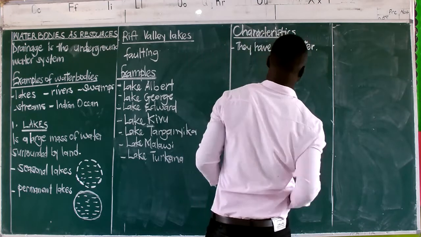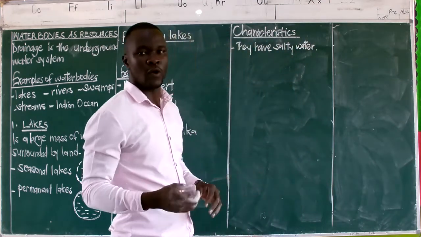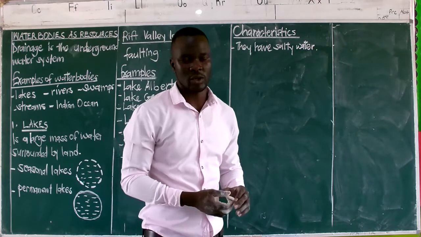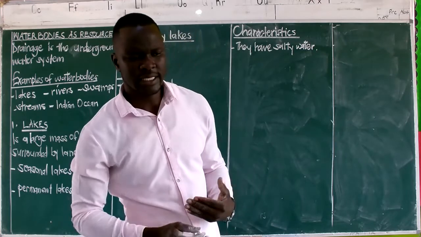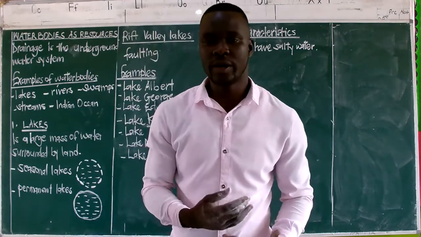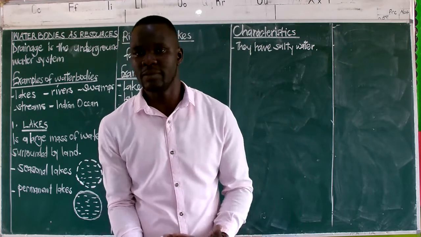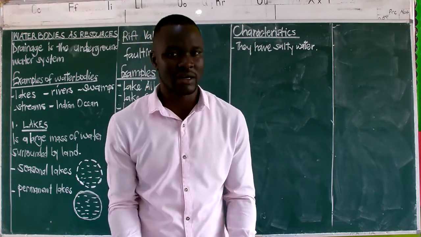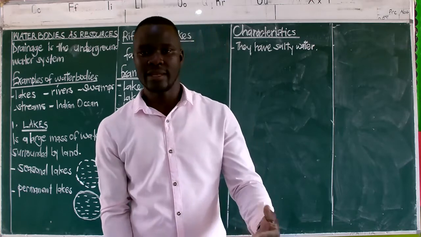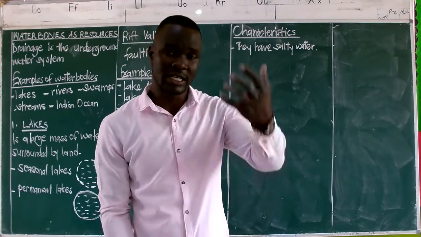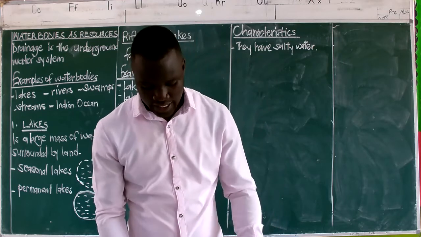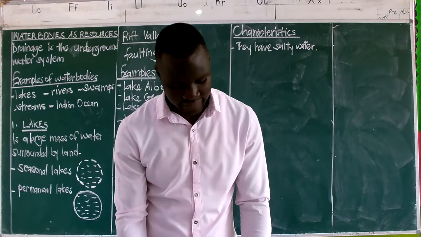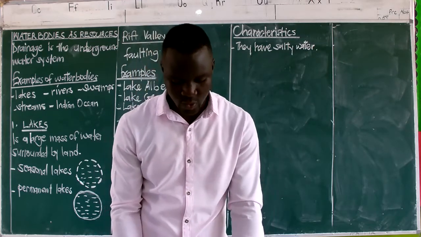And if we are asked a reason, we must be able to tell why do Rift Valley lakes have salty water. One, these lakes sit on salty basements, or we can simply say they have salty rocks underground. And then most of them don't have the outlets, and that is why they are having that salty water.